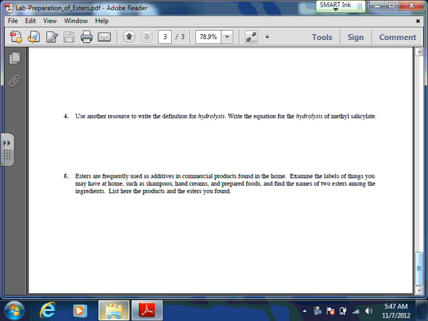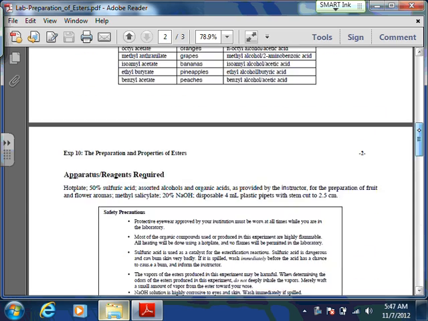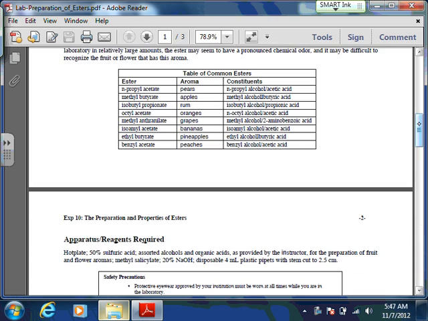And then number 5, again, going to have to do some research here. You may or may not have products in your home that have esters. Now, the way that you're going to know this is because they end in, if you look at the names of all of these here, notice how they all end in ate: n-propyl acetate, methyl butyrate, isobutyl propionate, acetate.